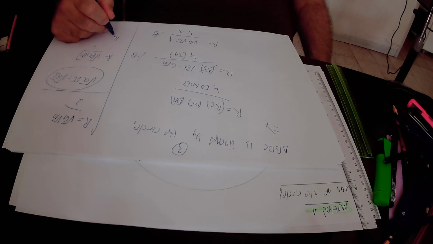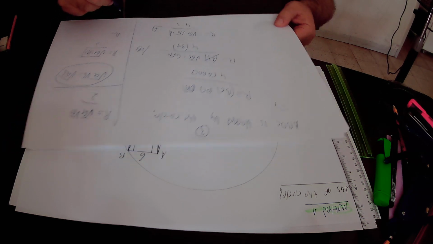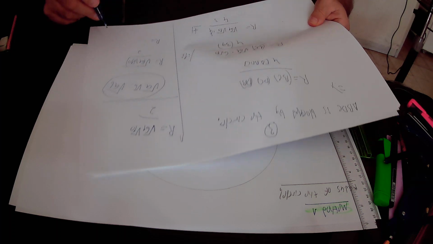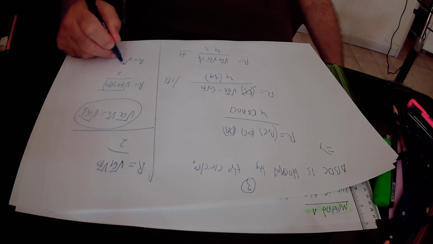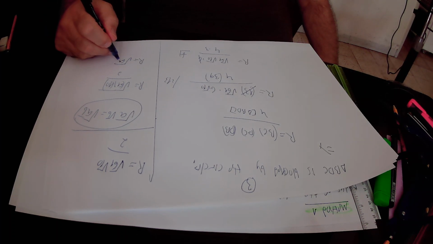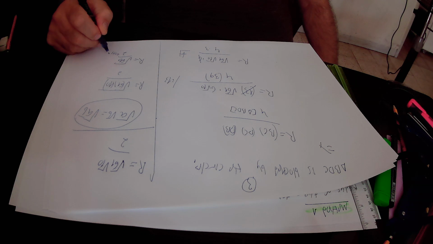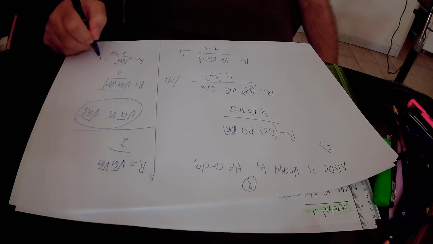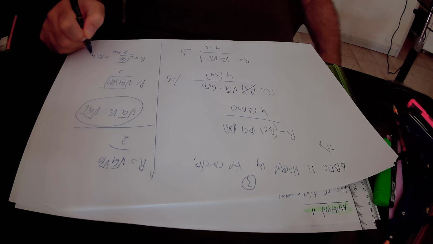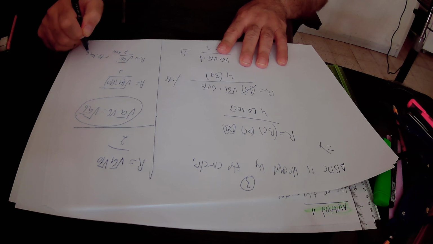So the radius of this circle that blocks the green triangle BDC will be equal to the square root of 610 over 2 units. In terms of numbers, it is equal to 12.349 units.